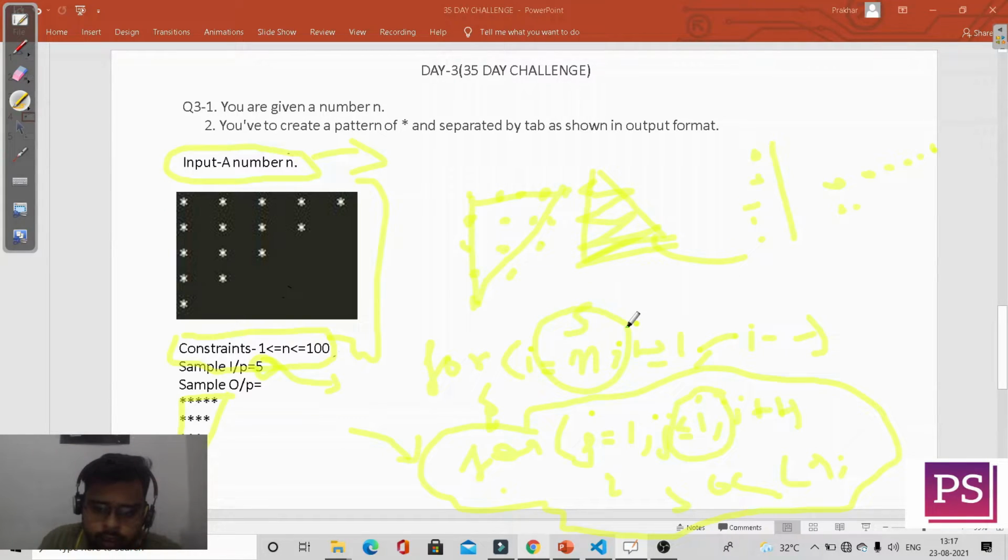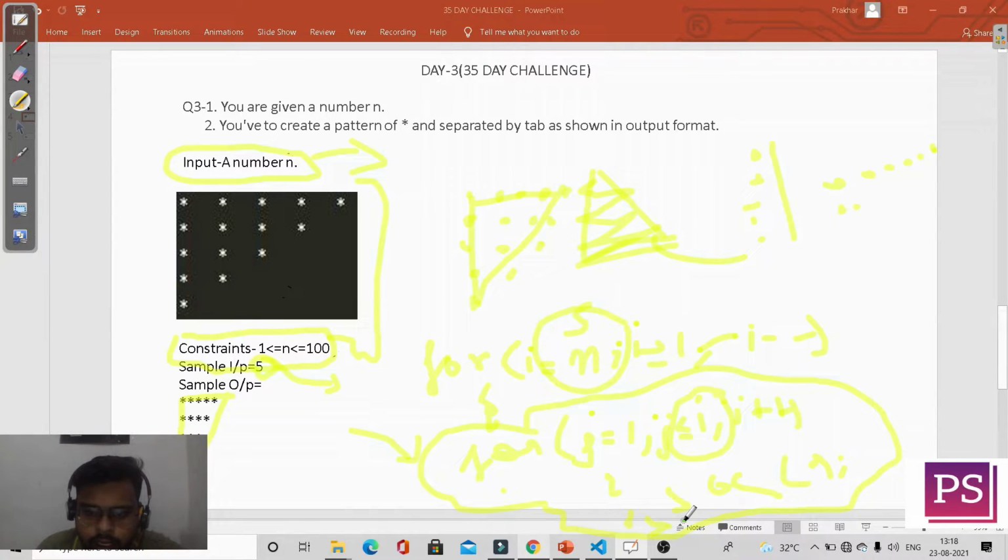After this first loop, we have printed a star, and then after closing this loop we have to print again System.out.println for the next line.